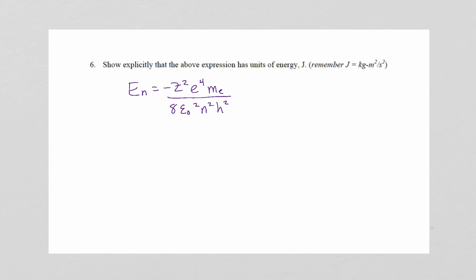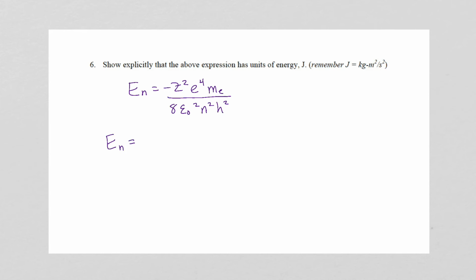All right, so here we are tasked with showing explicitly that the expression we just obtained has units of energy or joules. Okay, so now we're just going to look at our units and see how they work out.